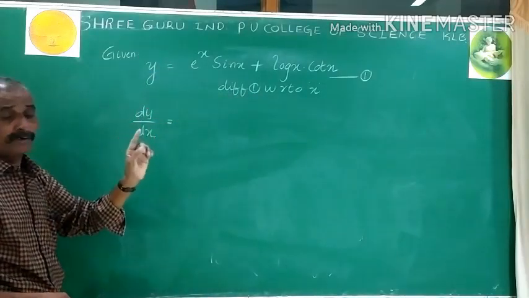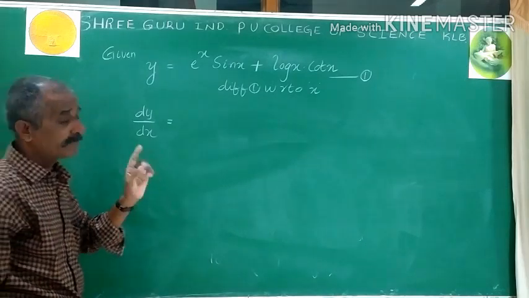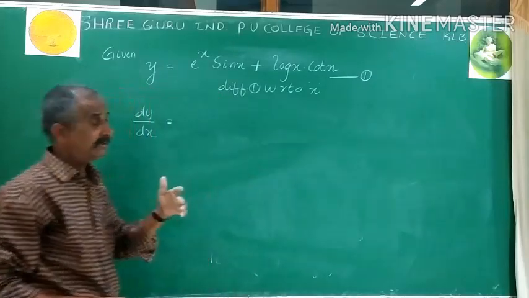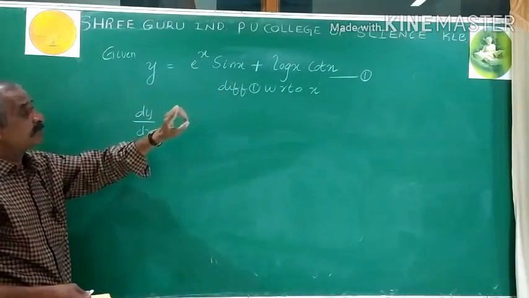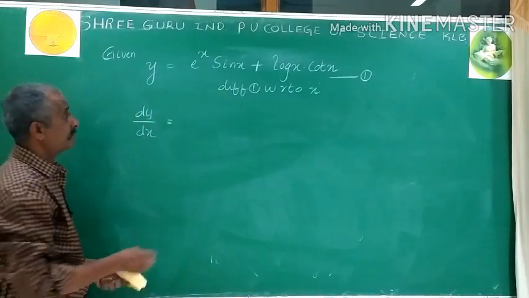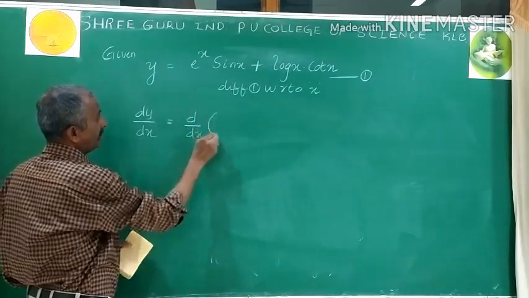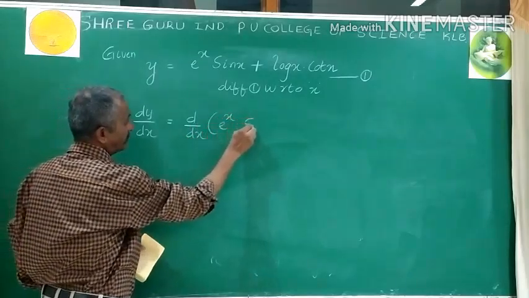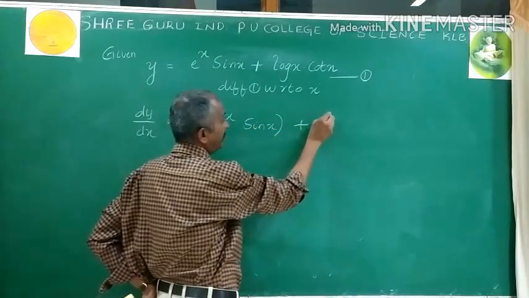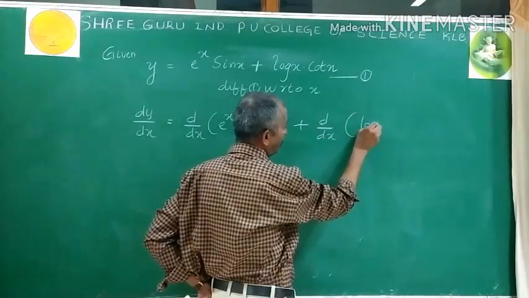This is important in differentiation. You have to assess which rules to apply first, whether sum, product, quotient, etc. Here first the sum rule, followed later by the product rule. By the sum rule, d by dx of e power x multiplied by sin x plus d by dx of log x multiplied by cot x.